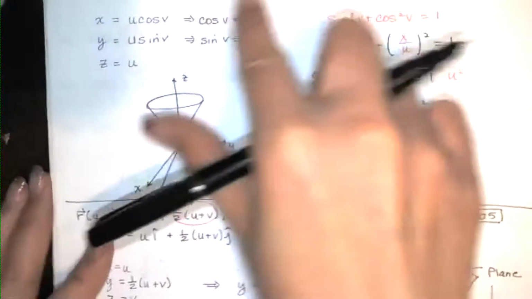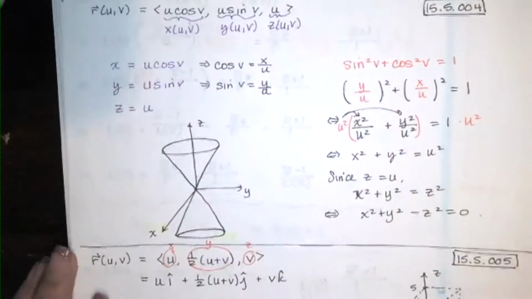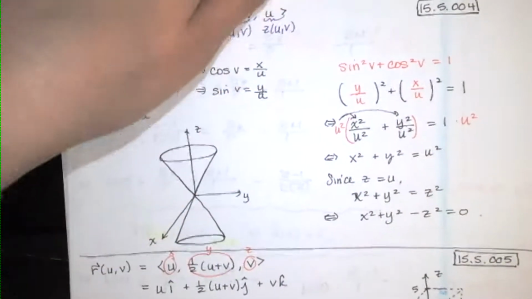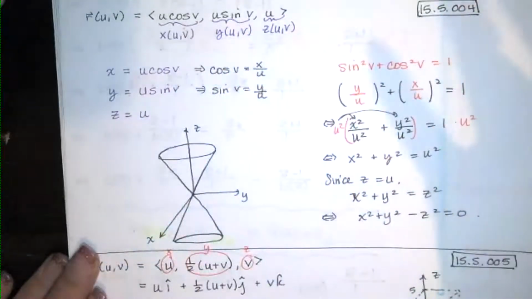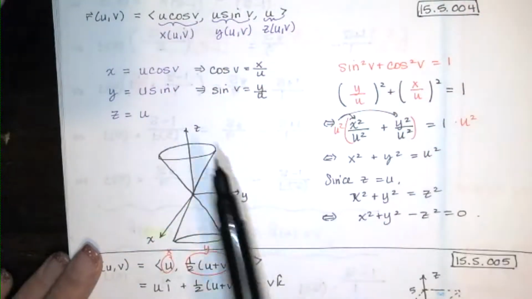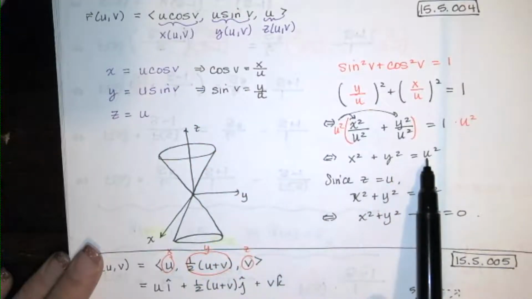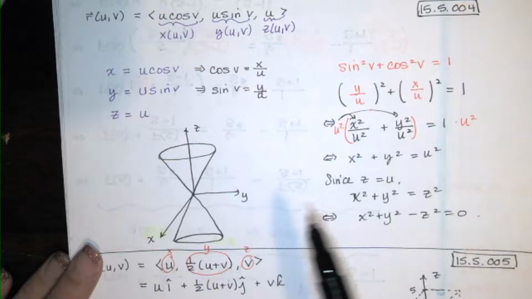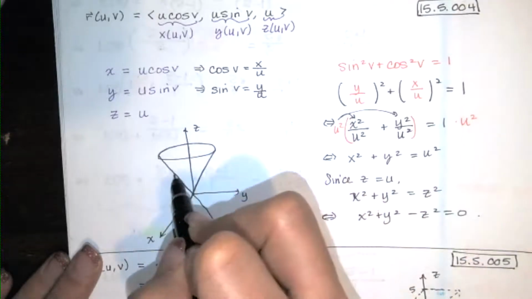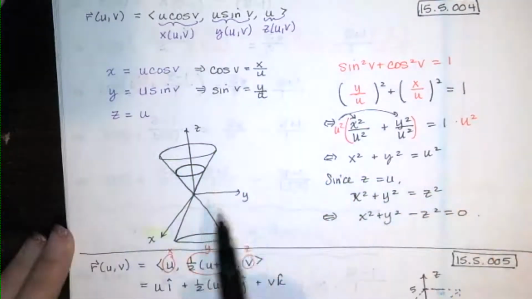And this one involving the sine and cosine required us to use that Pythagorean identity. It turned out to be an elliptic cone. A couple of things I want you to notice, since this one involves cosine of v and sine of v: the cross sections, when u is equal to a constant, which means that z is equal to a constant, are all going to be circles of radius u, or actually circles of radius z, because u and z are the same thing.